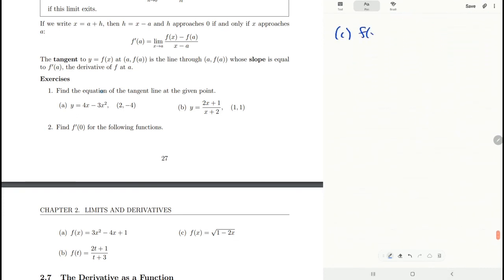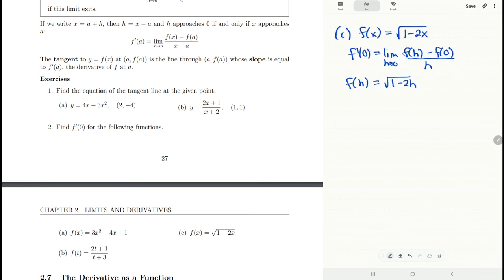In the last example, we have f of x is the square root of 1 minus 2x. f prime of 0 is the limit as h goes to 0 of f of h minus f of 0, all divided by h. So we need to look for f of h and f of 0. f of h is the root of 1 minus 2h, and f of 0 is the root of 1 minus 2 times 0.